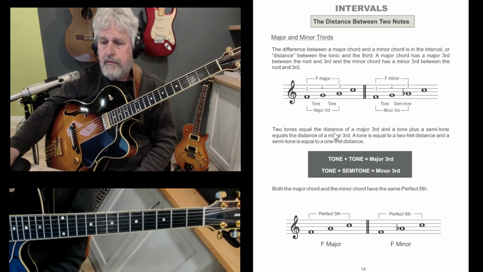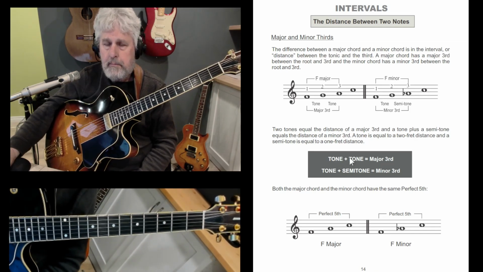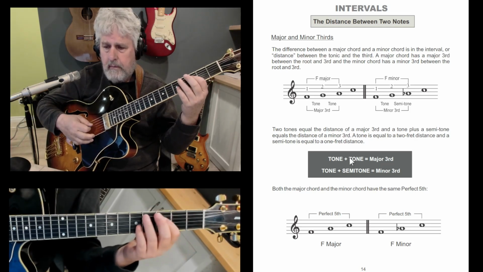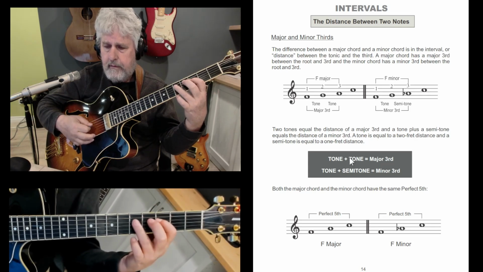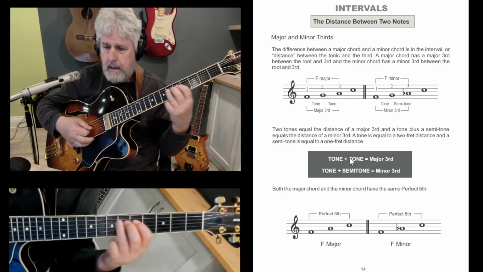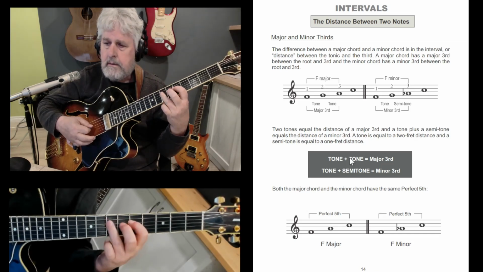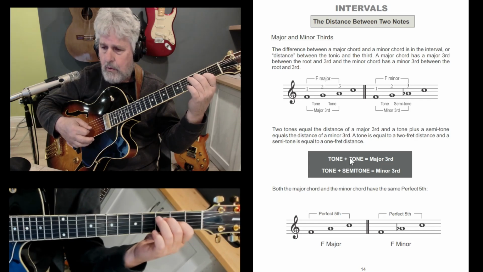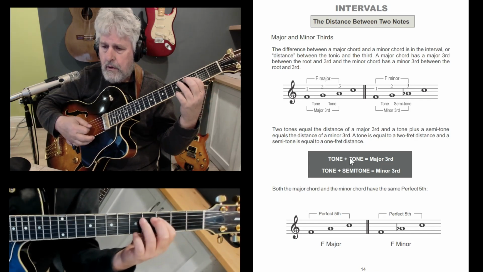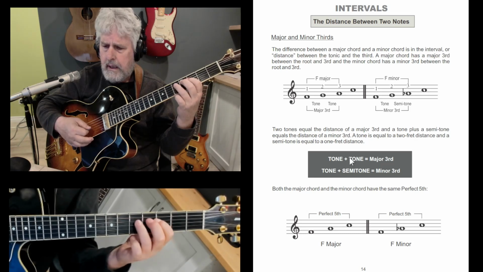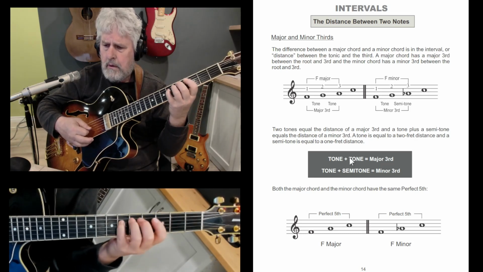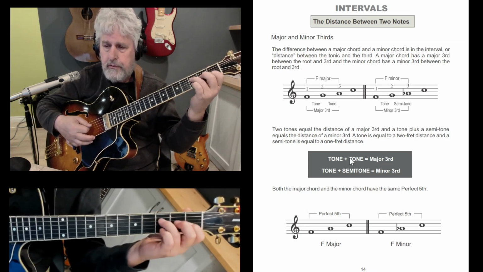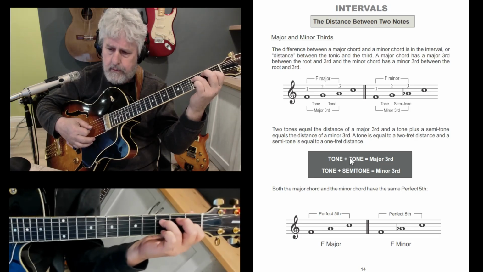A major 3rd interval is a tone plus a tone. So a tone from F would be F to G, and then G to A is another tone, right? And that would give us the A note. A tone and then a semitone is 1 semitone smaller than the major 3rd, which would give us a minor 3rd.